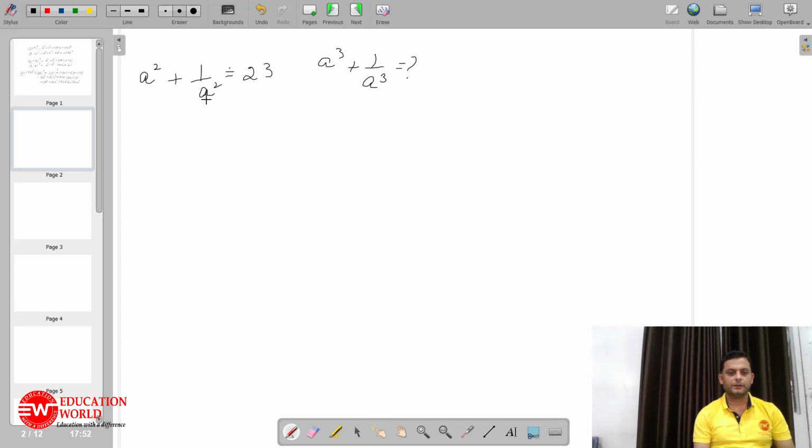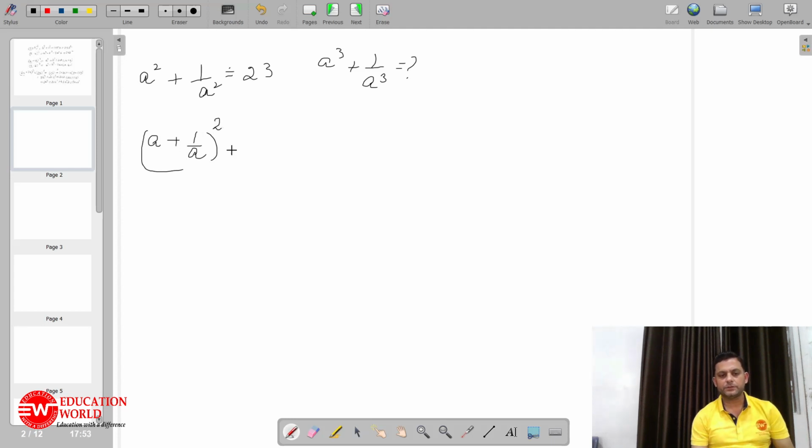So first of all we will find a plus 1 by a whole square. How will we find it?